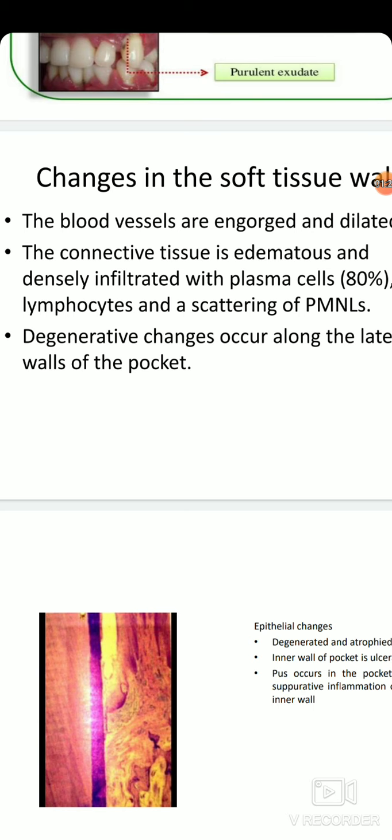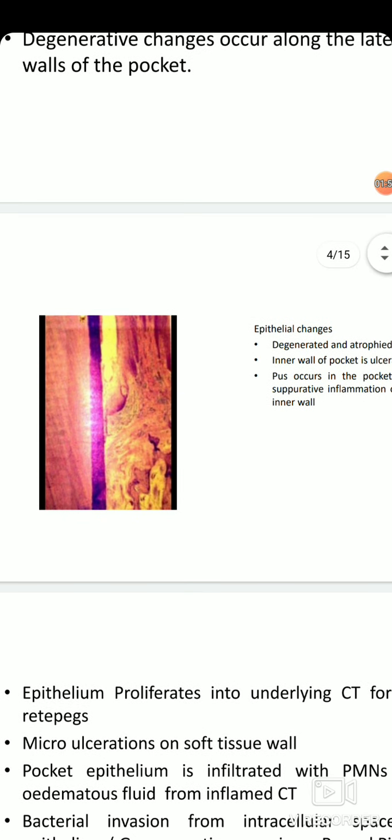So blood vessels are engorged and dilated. Connective tissue is edematous and densely infiltrated with plasma cells, lymphocytes, and scattered polymorphonuclear leukocytes. So degenerative changes occur along with the lateral wall of the pocket. Epithelial changes are generally degenerated epithelium and atrophied epithelium.